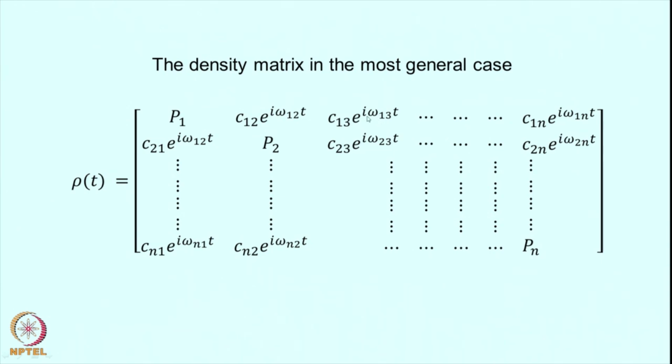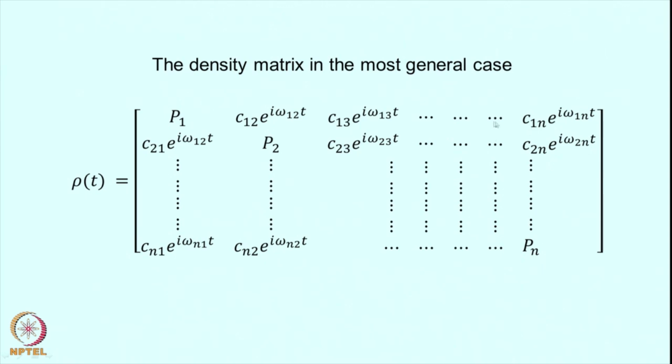How does the phase change between the two spins? It is oscillating with time, and like that for every pair of states you have a phase coherence between the individual states. And therefore, in principle you can have phase coherences between any two states, and here nothing is assumed to be 0.